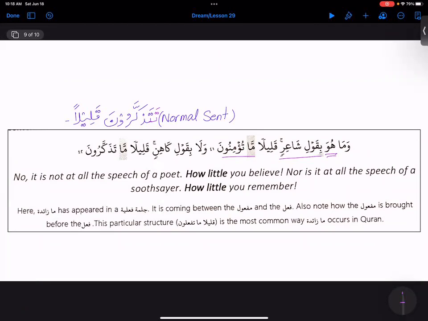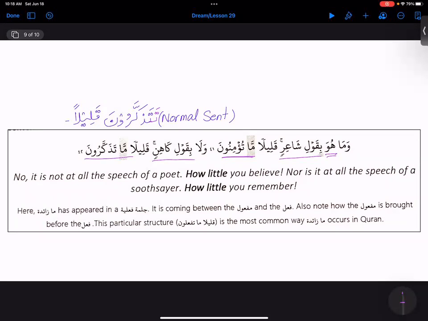Here, qalilan ma tu'minun, how little they believe. Wala biqawli kahin, these are not the words of a kahin. Kahin are those who claim to know the future, so they are called kahin. Qalilan ma tadhakkarun, how little they remember.